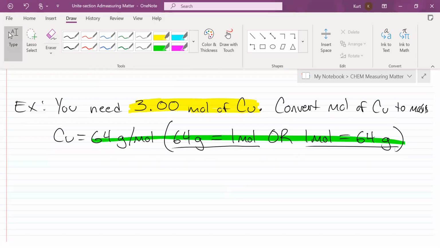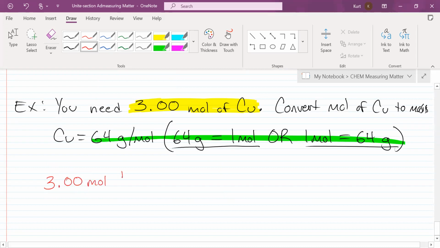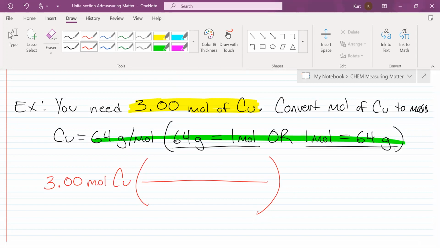Okay, so as Adam said, 3 moles of copper is our known value. So let's do it. Max, what do I put on the bottom of my conversion table? 64 grams of copper or 1 mole of copper based on what the known value is? 1 mole.